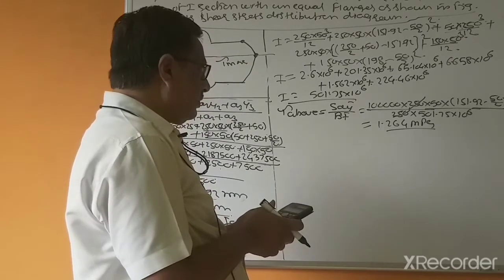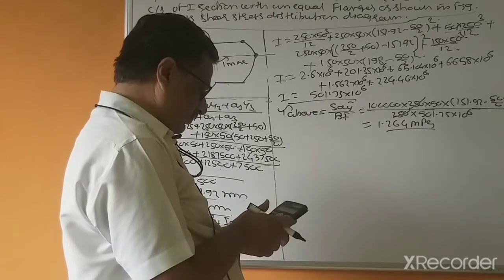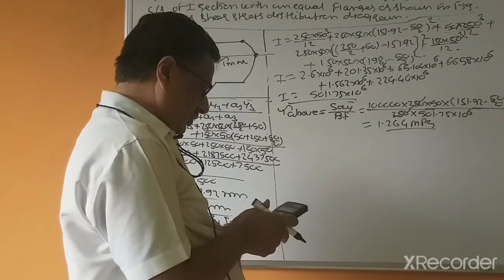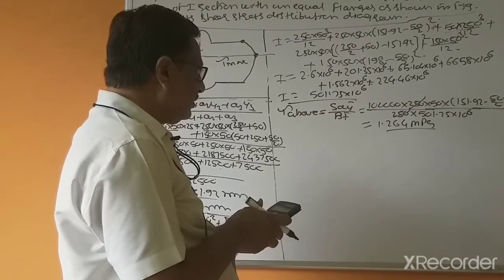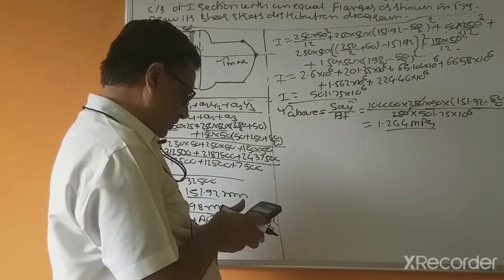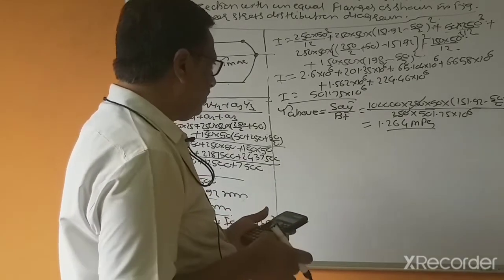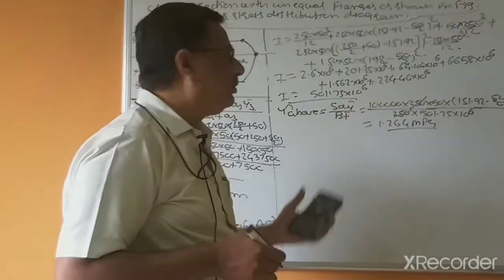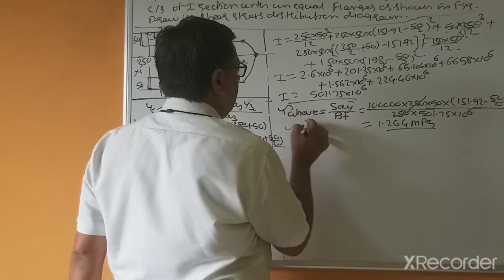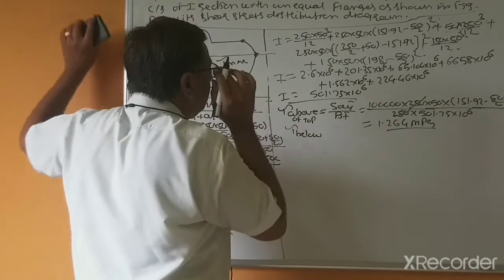151.92 minus 25 multiplied by 50 multiplied by divided by 10 to the power 6 divided by 1.264, right. So this is above and this is below of top flange, of top web.